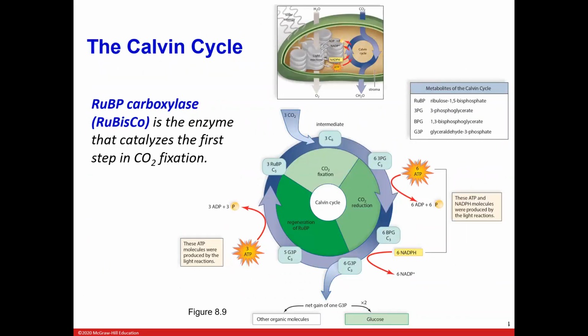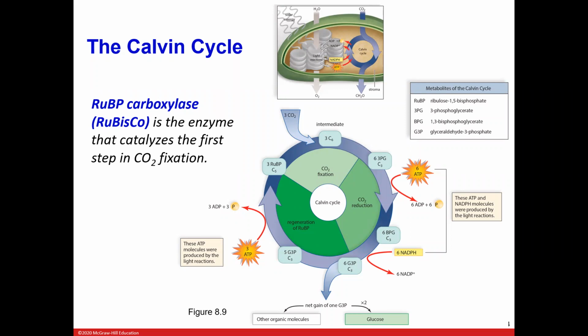We have the CO2 coming in, and this really represents 3 cycles, okay? Because we've got 3 CO2 coming in. So we have 3 of these ribulose 1,5-bisphosphate, and to those 3, we add 3 CO2s. Each of these is a 5-carbon organic molecule. We add 3 carbon dioxide, each one has 1 carbon, so 5 plus 1 is 6.